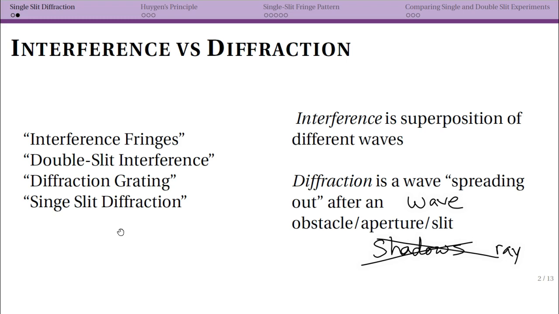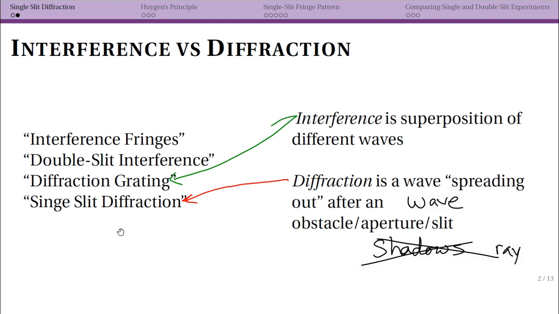Now, diffraction so far is going to be connected to single slit diffraction. There is going to be an effect here that is very much diffraction. But when we talked about diffraction gratings, we were actually talking about interference. They're called diffraction gratings from a historical point of view, but really what they're giving you is interference. When we talk about diffraction as a phenomenon, that has nothing to do with diffraction gratings.